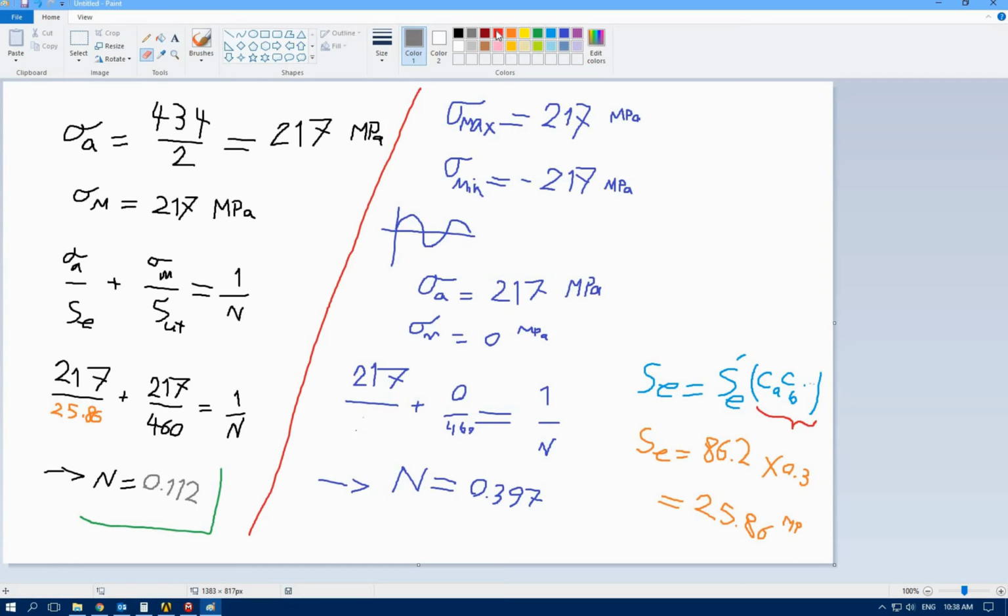Let's do the same for the fully reversed loading. So let me add this value here, which is 25.86, and the value for fully reversed cyclic loading, the safety factor is going to be, I think, 119, sorry.